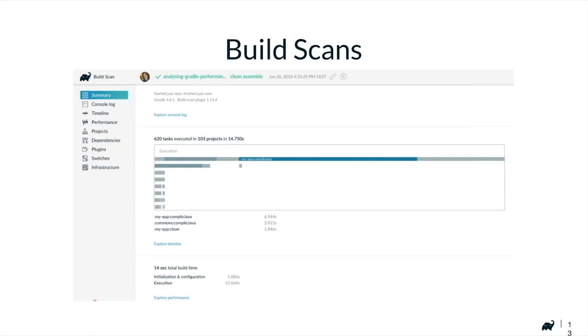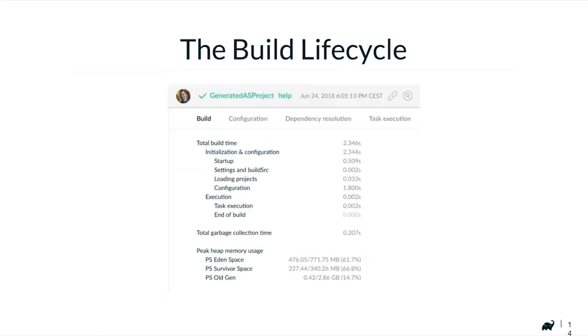So there's the free version where you can just upload a build scan, which is then public in the sense that everyone who has the link can see it. There's no public listing or anything. Or you can get Gradle Enterprise to have it behind your firewall. But from Gradle, if people don't know, I don't know if you mentioned that, just run a Gradle build with --scan. Yes. And you will get a link to such a build scan. Exactly. Right. So we're going to look into the performance aspects of build scans today.